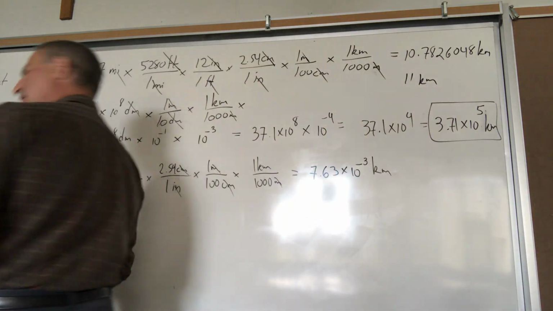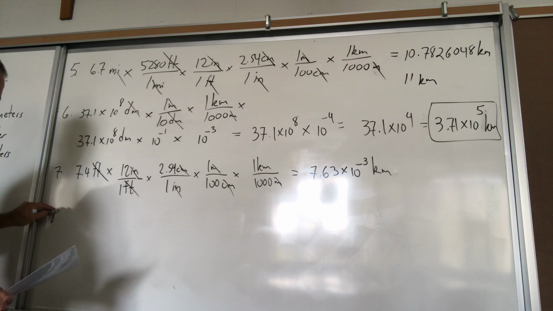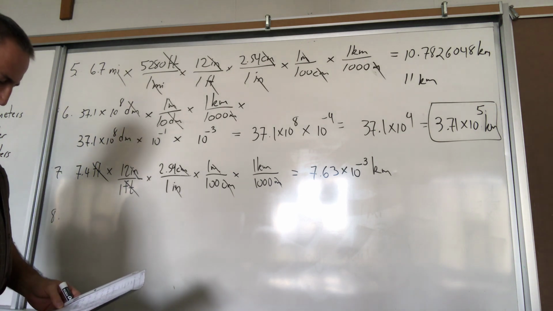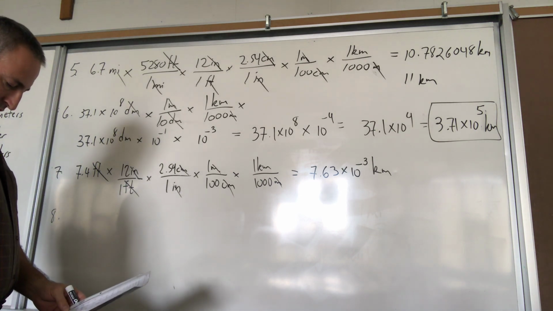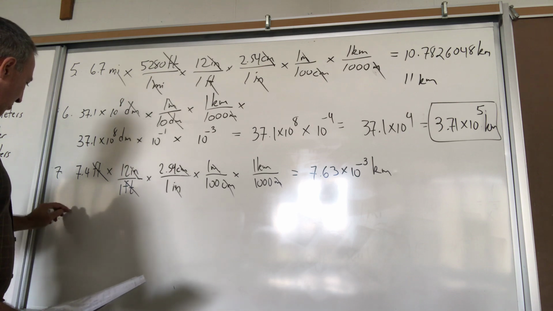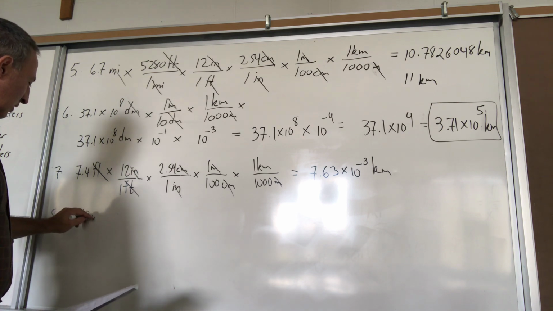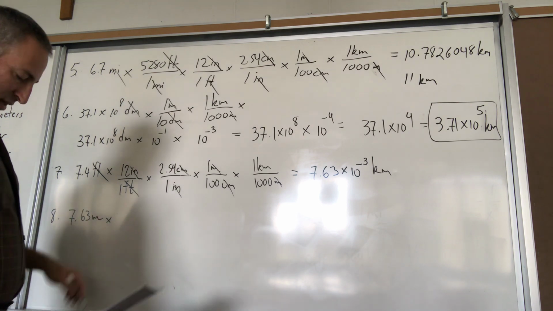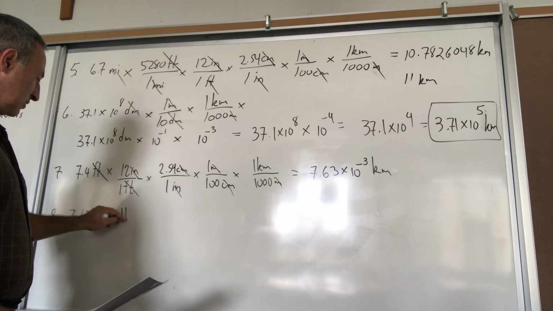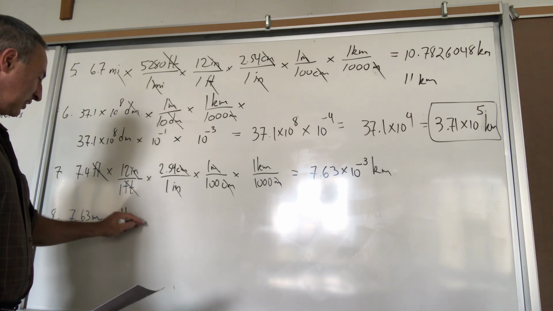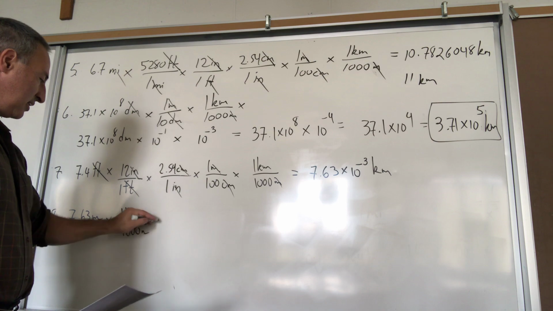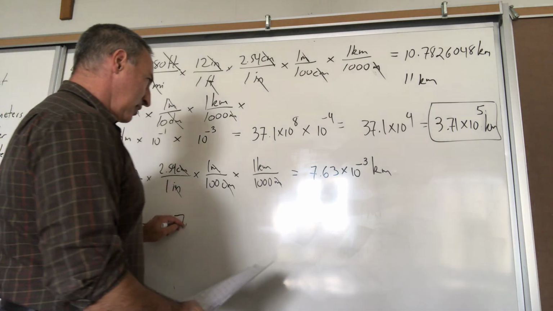Number 8. 7.63 meters. That one is a one-stepper. 1 kilometer per 1,000 meters, and you get 7.63. Oops, you know what?